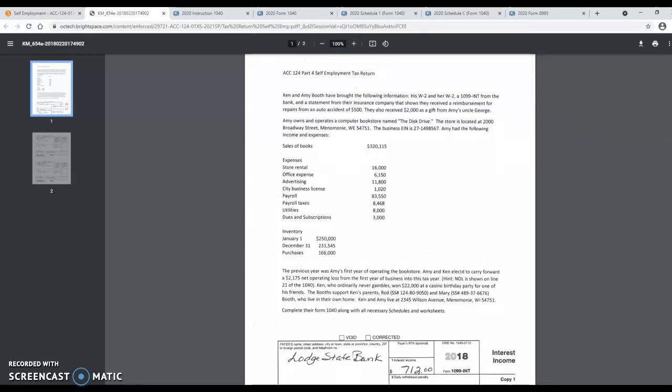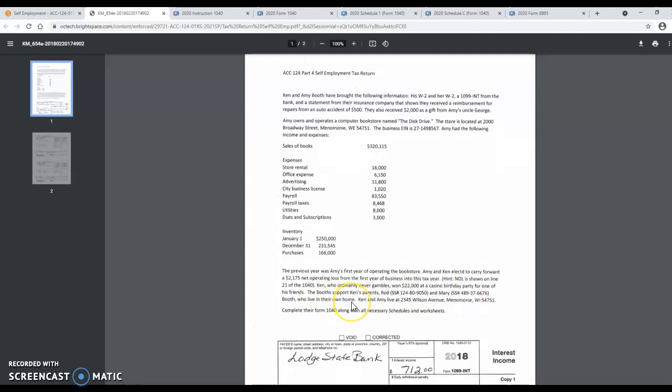Now on your summary sheet, the first thing is to put the names, Ken and Amy Booth, and what their filing status is, which is married filing joint. Also we have to determine if there's any dependents. The Booths support Ken's parents, Rod and Mary.